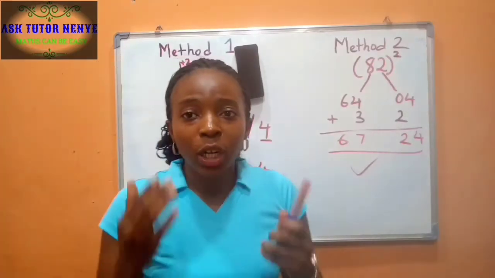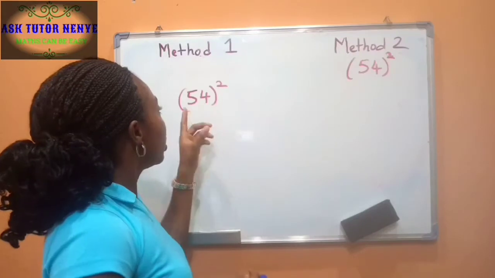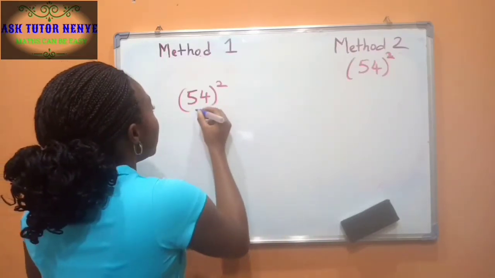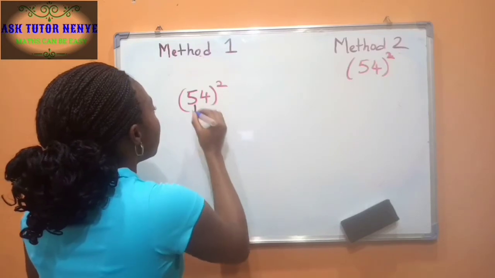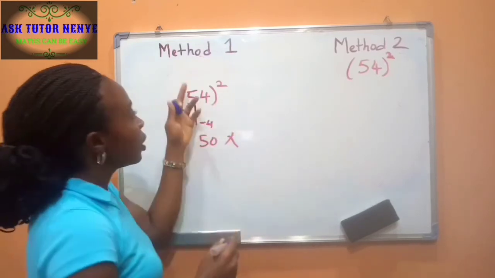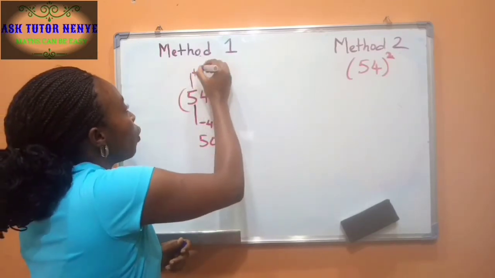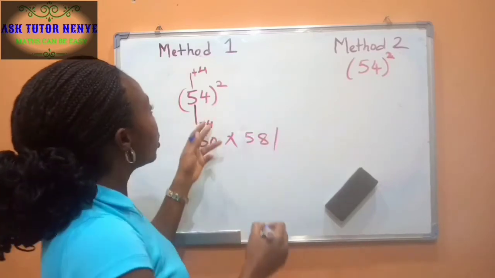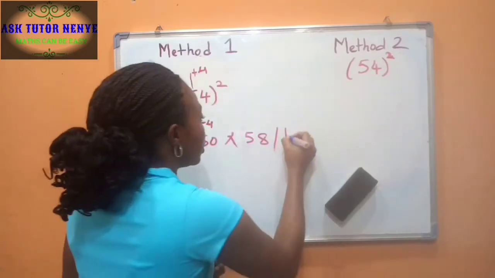Now, let's take a look at more examples. In this one, the nearest tens of 54 is 50. We get that by saying 54 minus 4 gives you 50, times 54 plus 4 gives you 58. Then, what's the square of 4? The square of 4 is 16.